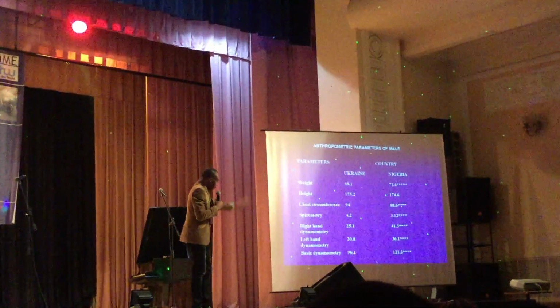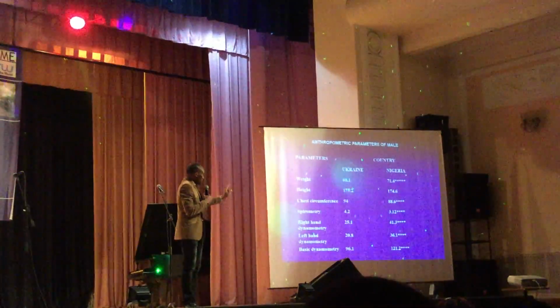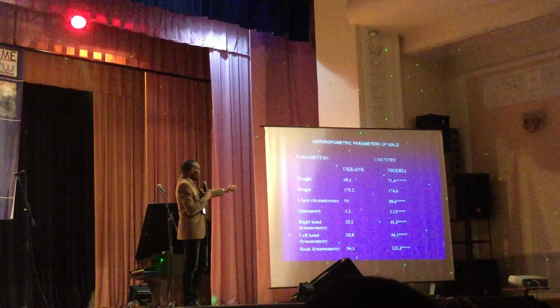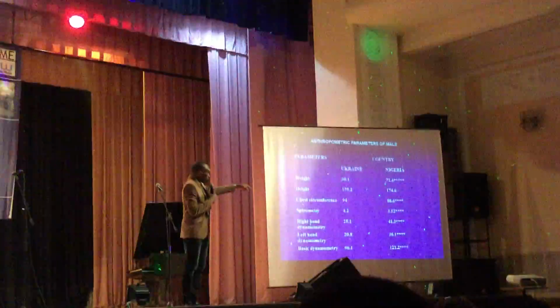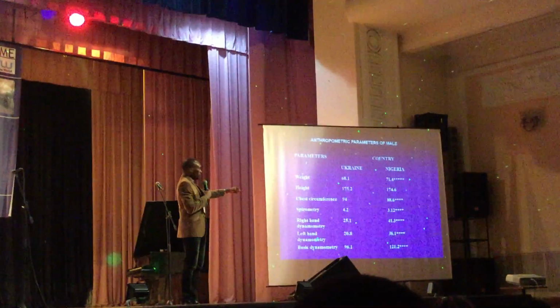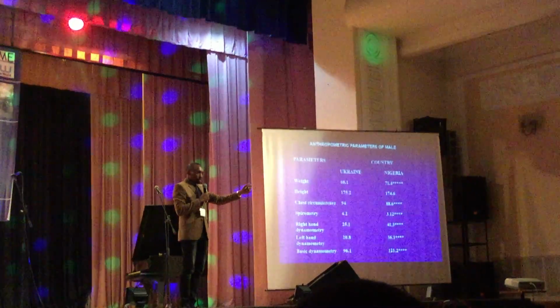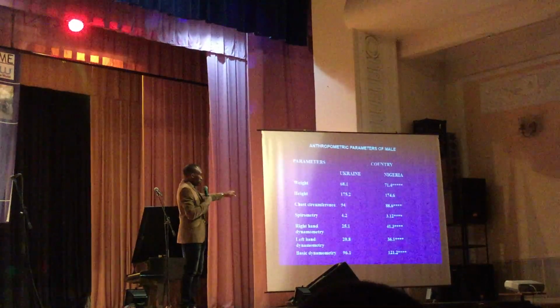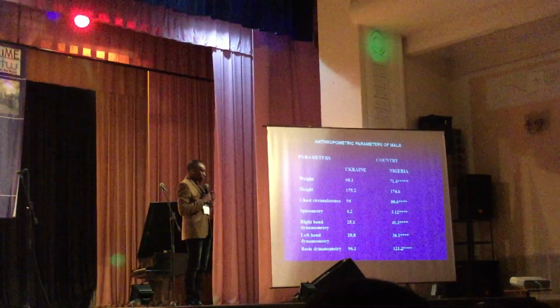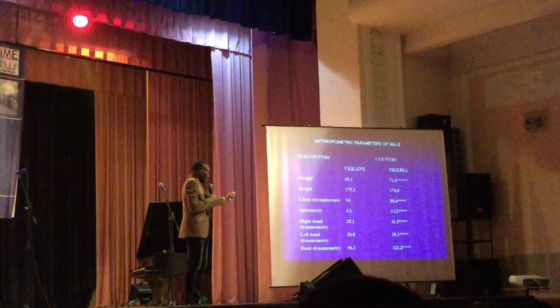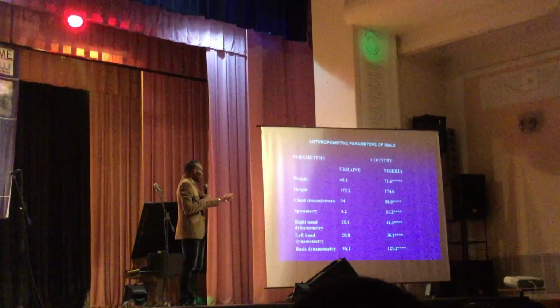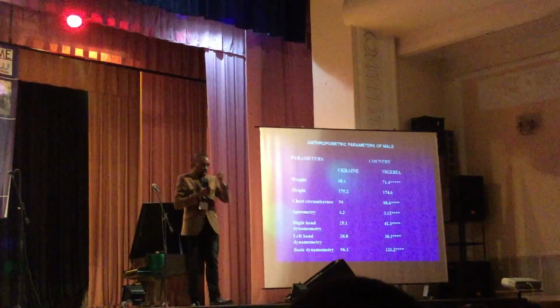Next slide. Now, look at this table. This table shows a brief summary of the entire results. See spirometry. Ukrainians had better spirometry results compared to Nigerian students. So it means the weight and the height don't really count when it comes to functional adaptation. Check in terms of right-hand dynamometry and left-hand dynamometry, it means we have more agility.